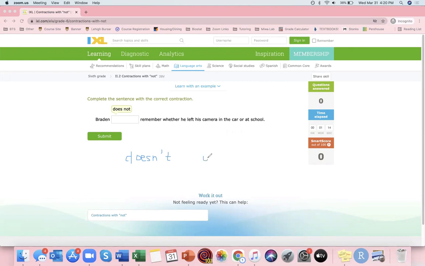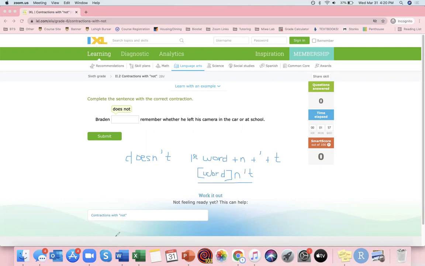So let's just write it down here. First word, plus N, plus contraction, then plus T. So word, N, contraction, T. Let's make this contraction bigger.